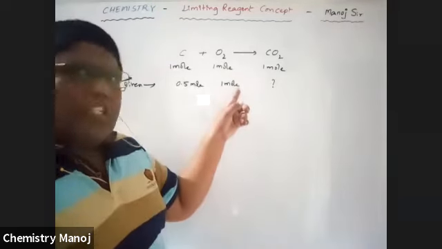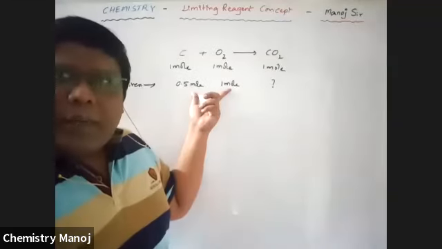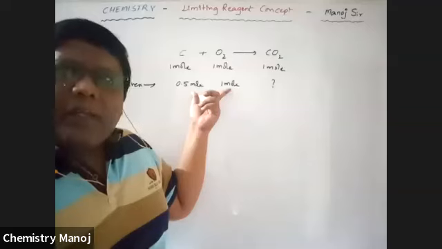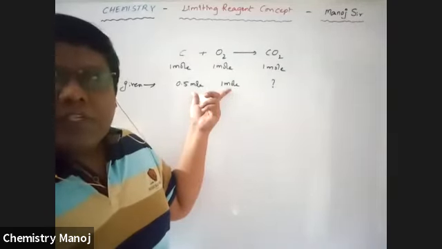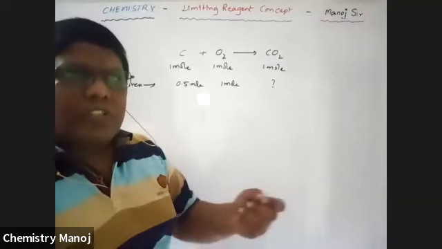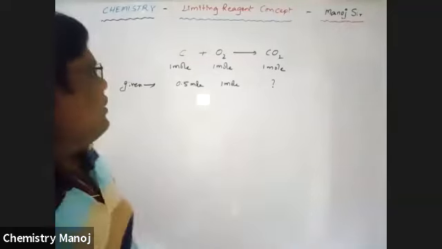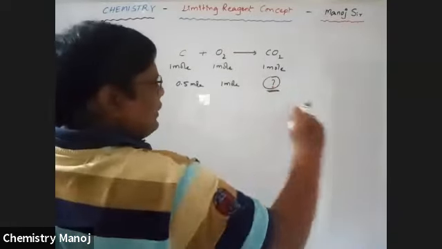So in this situation, among these two chemicals, one chemical is completely consumed and the other is not completely consumed. Not completely consumed, how, sir? Identify which is not completely consumed, which is completely consumed. So check it. So as per our knowledge, keep this question aside.